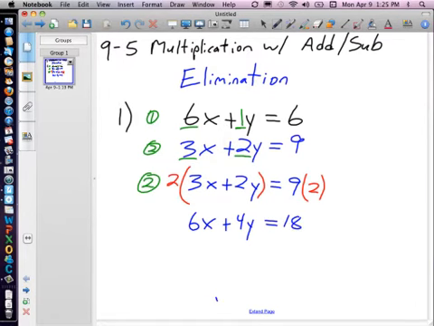Now I have a coefficient on that x of 6, and if I bring equation 1 down here, let's just do, no, that didn't work. Okay, so I'm going to bring equation 1 down here, and it was black, so I'll keep it black. 6x plus y equals 6. I'll be able to eliminate those x's.